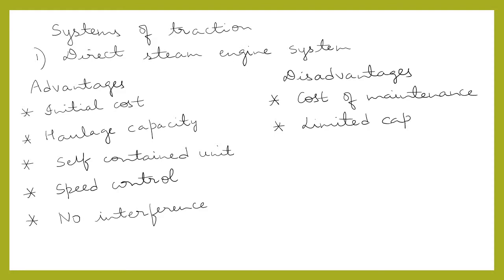Therefore, the speed attained by the steam locomotive will be less compared to that of an electric locomotive. The efficiency of the system is low, about 6 to 8%, which results in higher running cost.